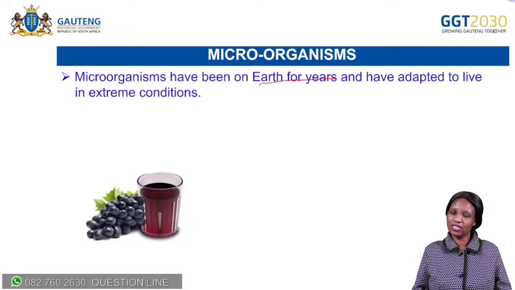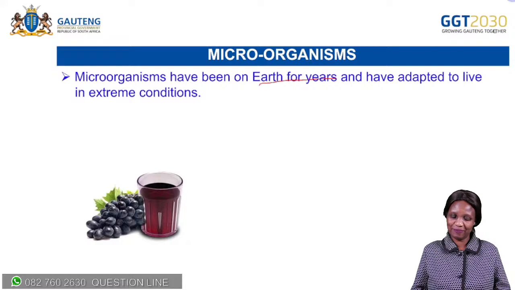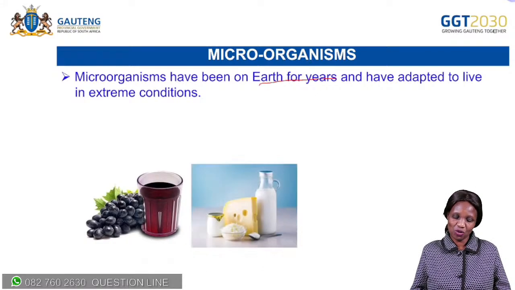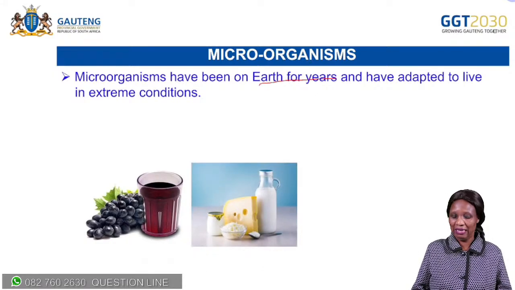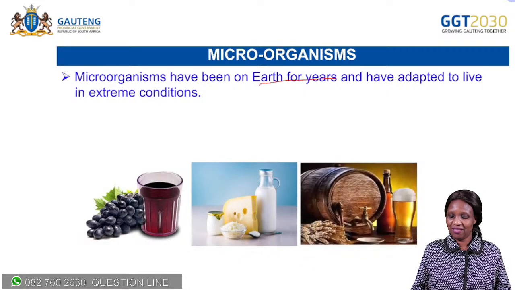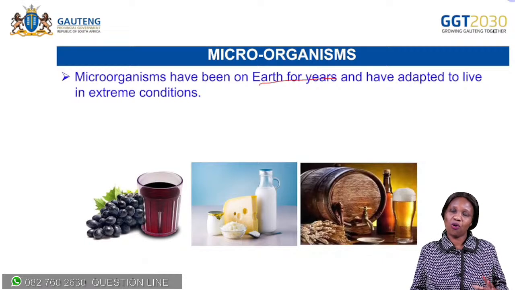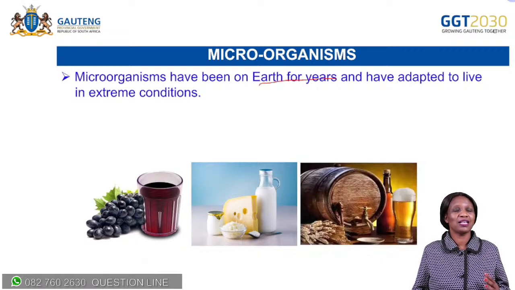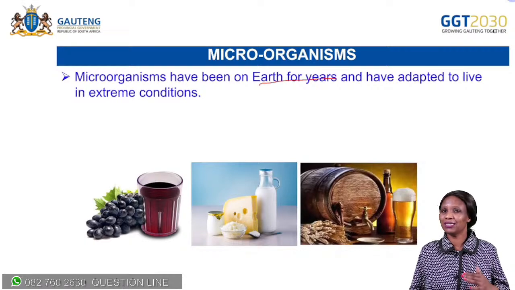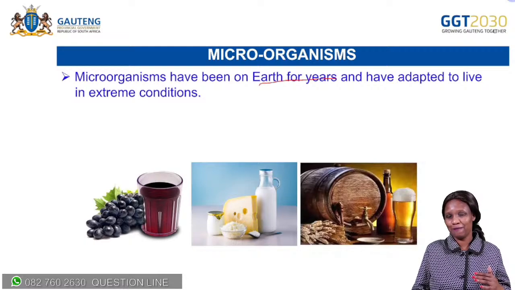And then we've got a glass of wine. Do you see that glass? And then we've got milk, cheese, and yogurt. And then we also have beer. All these foodstuffs are made using useful microorganisms. All right.